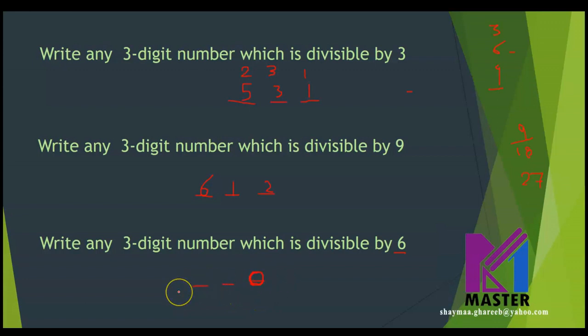Now I need to make a number that is divisible by 3 as well. So the sum of the digits must be a multiple of 3: 3 or 6 or 9. So if I wrote 7 here, what should I write here? I can write 2. So 270 is a multiple of 6. It is an even number and it is divisible by 3. Now, is it okay? Do you understand it?